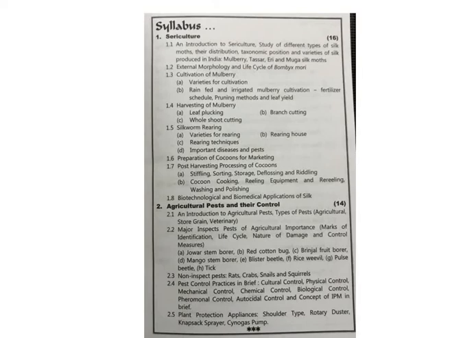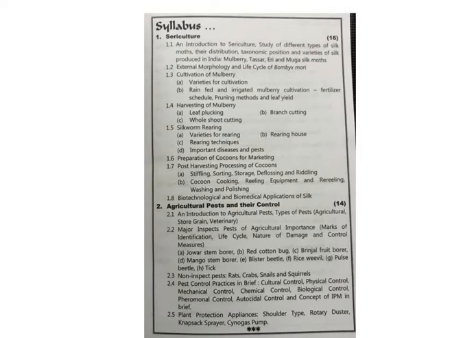The next point is the major insect pests of agricultural importance, and it contains identification, life cycle, nature of damage and control measures. The major pests of agricultural importance are jowar stem borer, red cotton bug, brinjal fruit borer, mango stem borer, blister beetle, rice weevil, pulse beetle and tick.